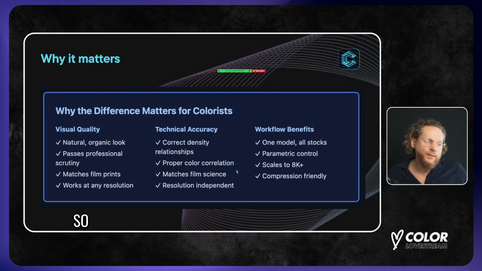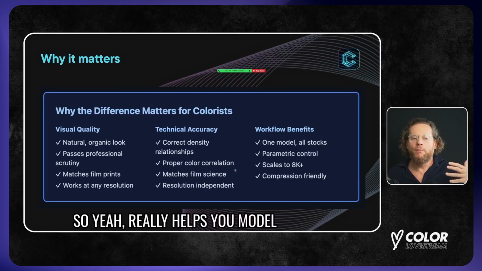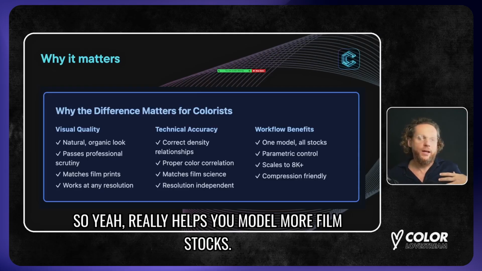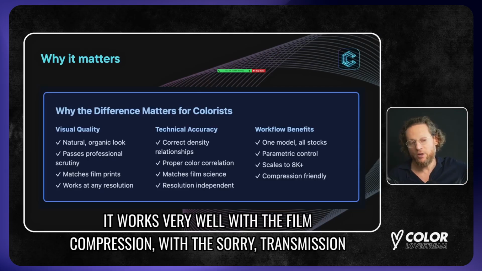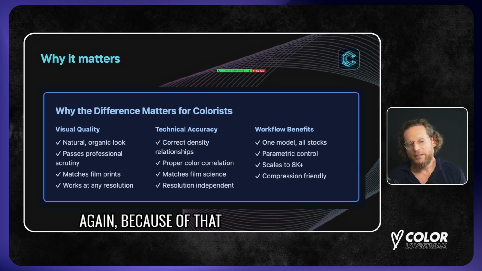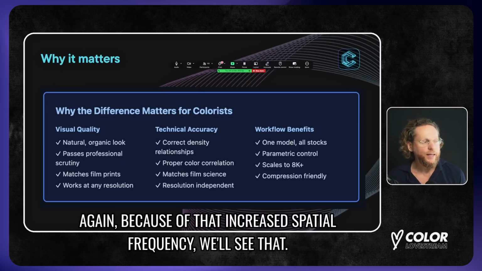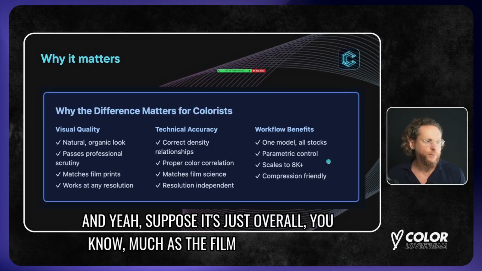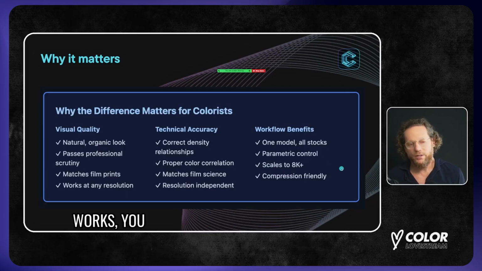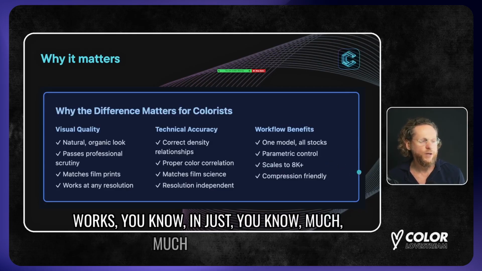So it really helps you model more film stocks. It works very well with the film compression, with the transmission compression, again because of that increased spatial frequency. Overall, it matches the film science, and it works in a much better way.